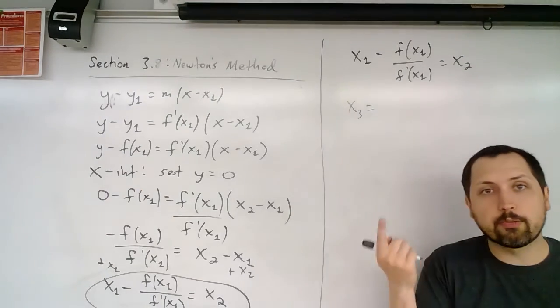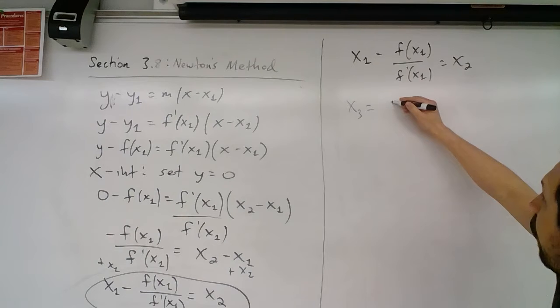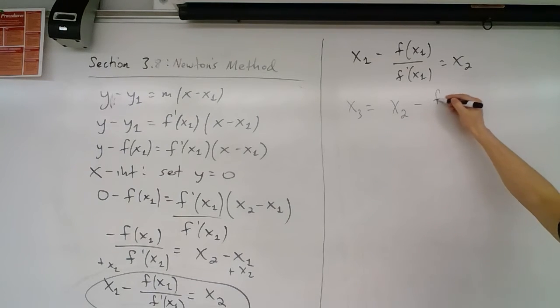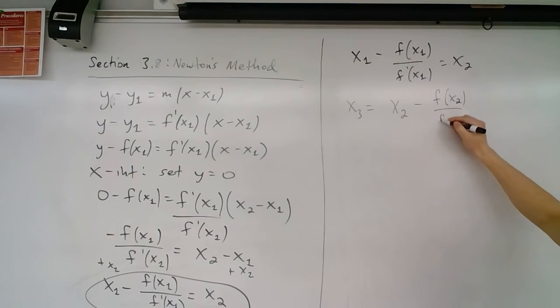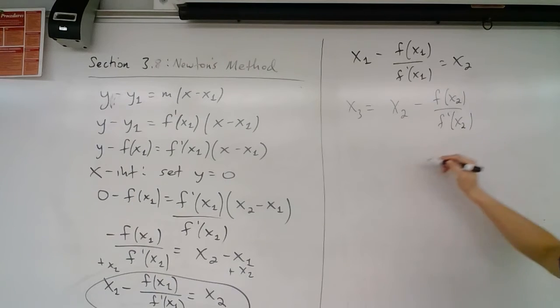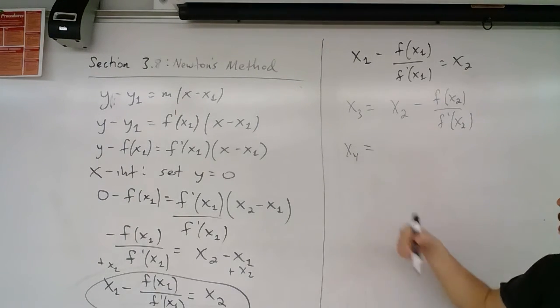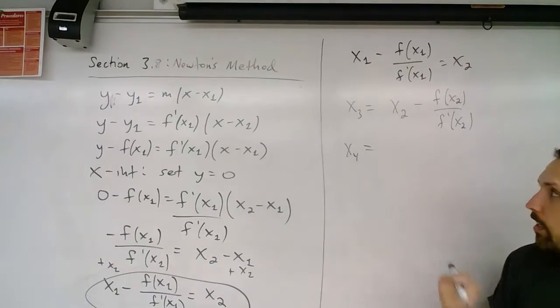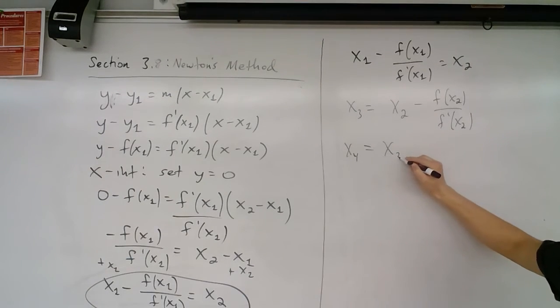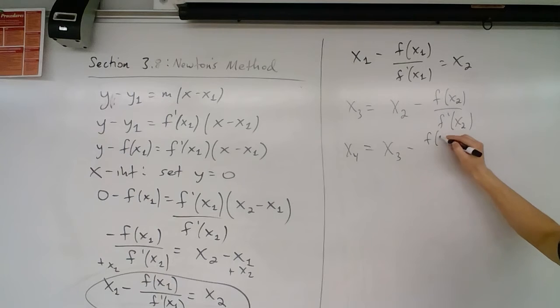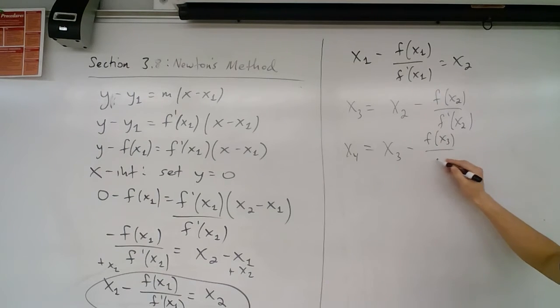We use only information about x2, so this would be x2 minus f of x2 divided by f prime at x2. We're using the same idea. For x4, the next term is going to be found by taking the previous term and subtracting f of x3 divided by f prime of x3.